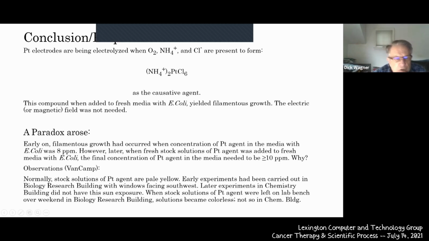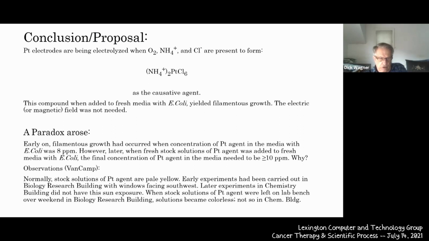However, during this time, there was a paradox that happened. In the early experiments, the growth occurred when the concentration of the platinum agent in the media was 8 parts per million. Those experiments took place in the biology research building.